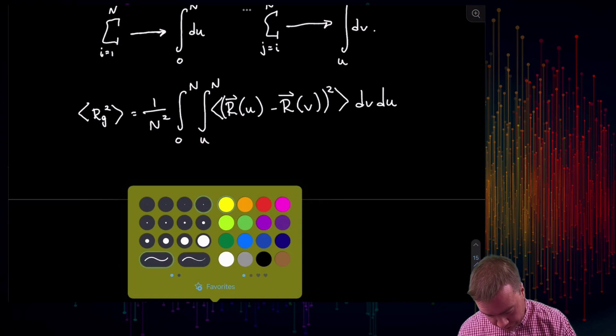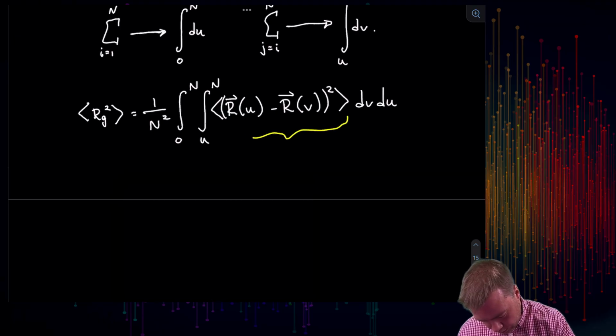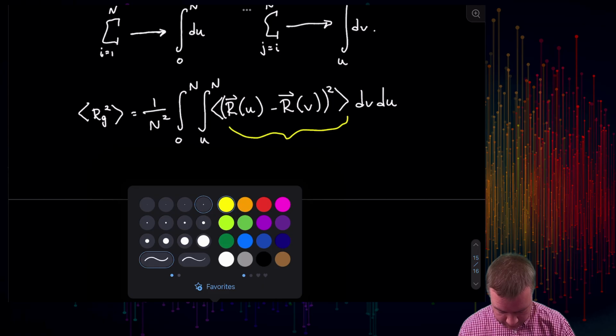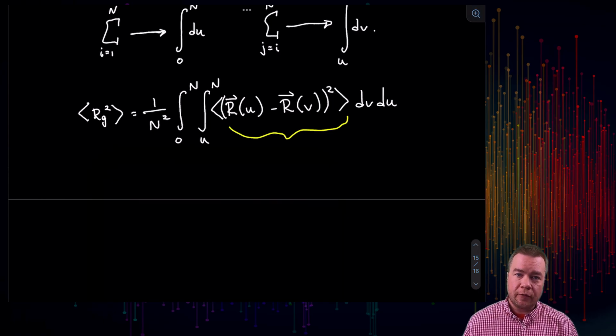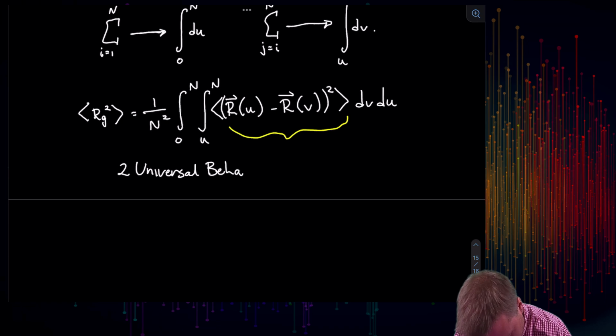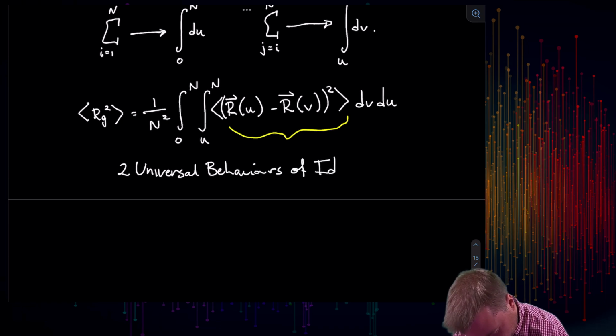So the real problem then is, what on earth is this thing? This is the second time I'm going to introduce something that's universal for polymers. There are 2 universal behaviors of ideal polymers.